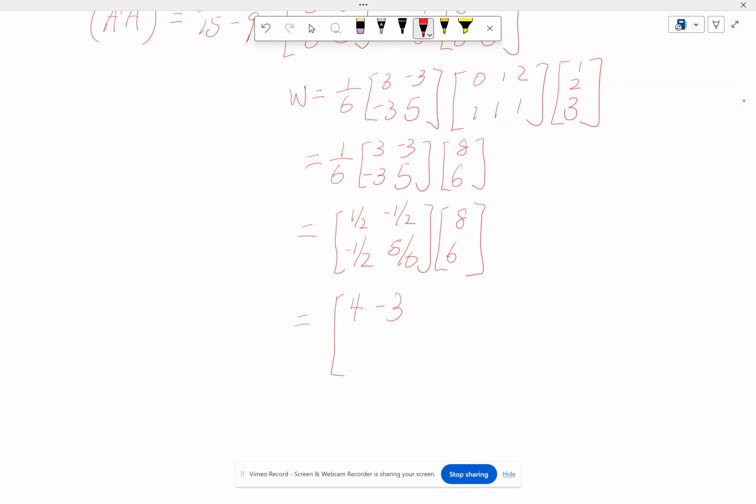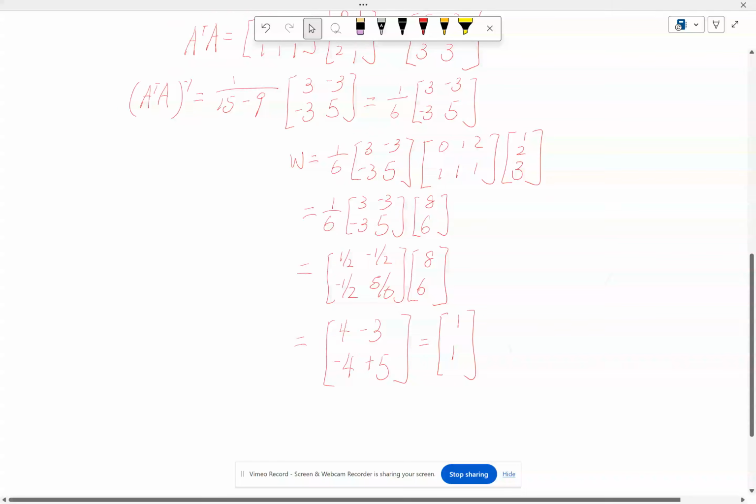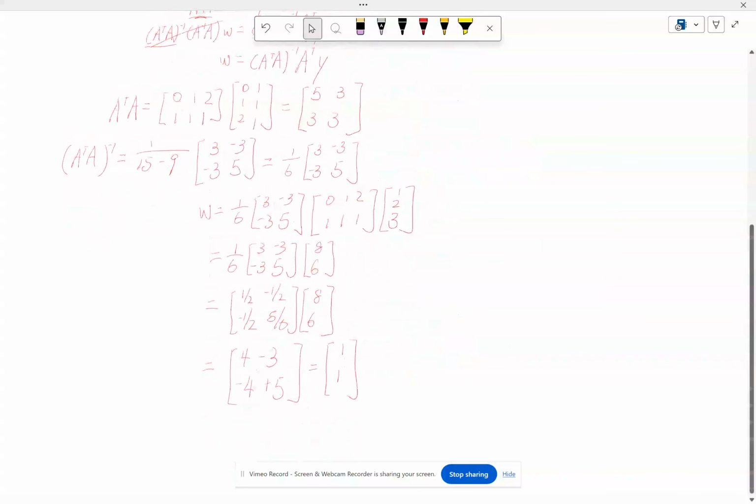And then this will be minus 4 plus 5, I think, which gives us 1 and 1. Yeah, I think that's it. 8, 4, 3, 4, 6, 5. Yeah, this turned out to be the fastest way. And there it is. We have 1, 1.